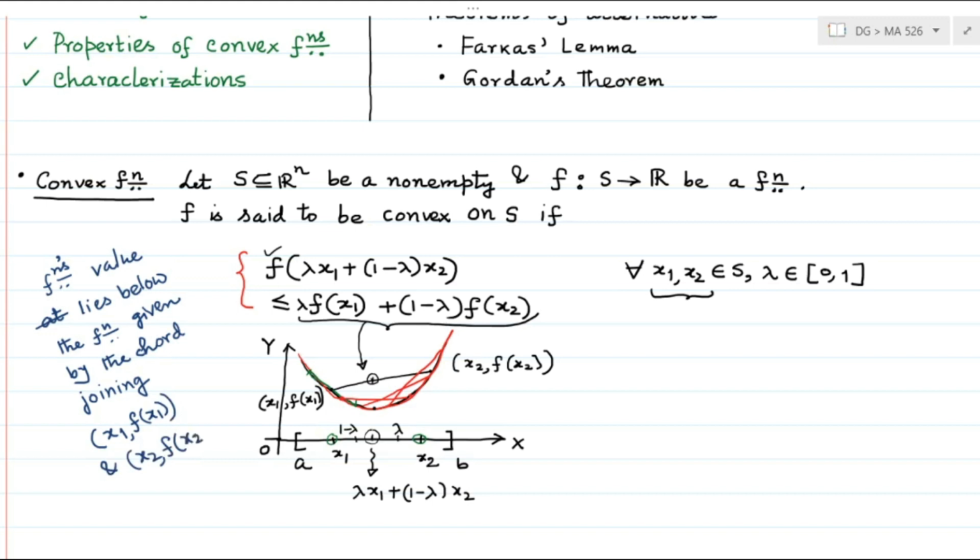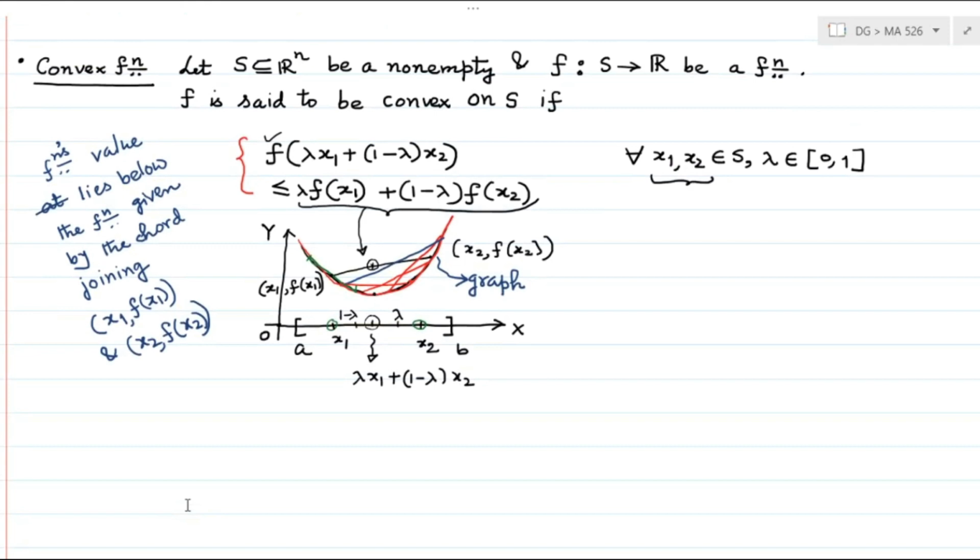Or, much more loosely, for a convex function, the graph of the function lies below the chord joining any 2 points on the graph. This is for the geometrical significance.